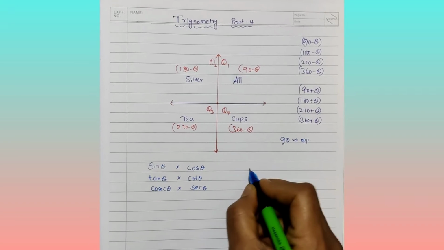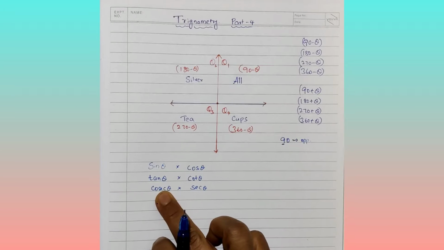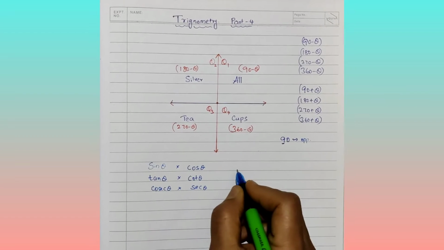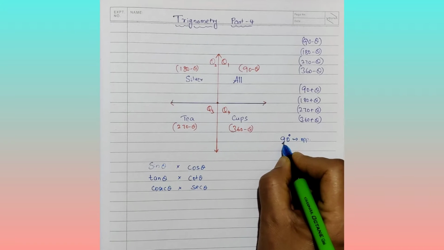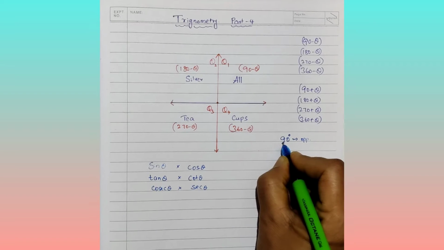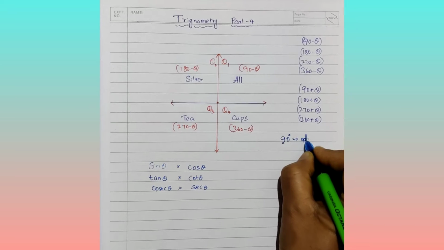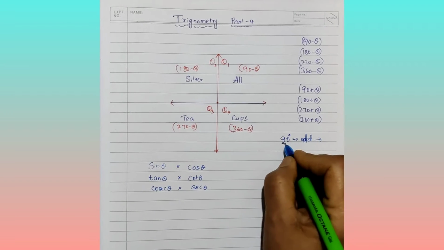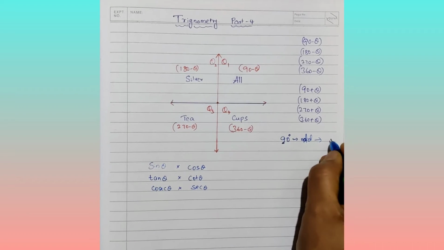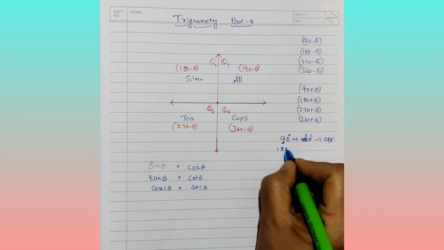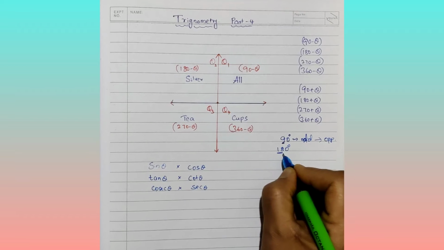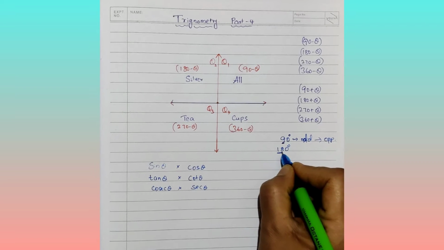Now here, one more thing: what about this 90 degree? In 90 degree the tens place is 9, so this is an odd number. Odd number gives us the opposite ratio in the result. Like that, 180 degree, the tens place and hundreds place together is 18.